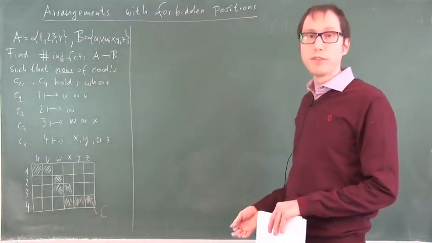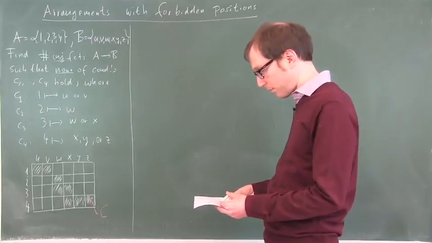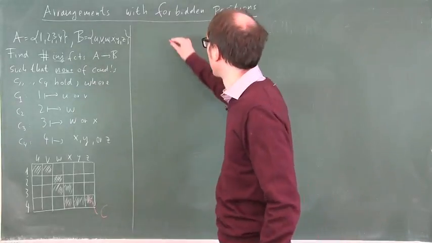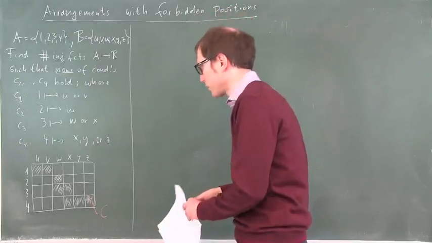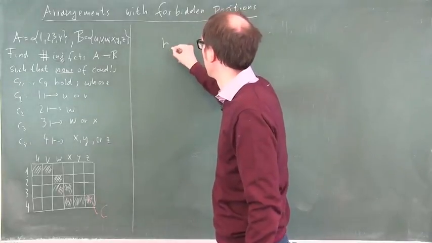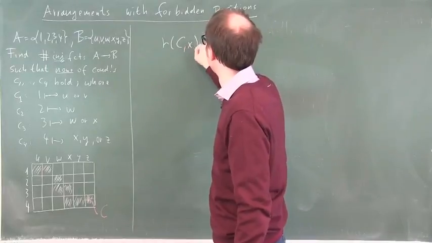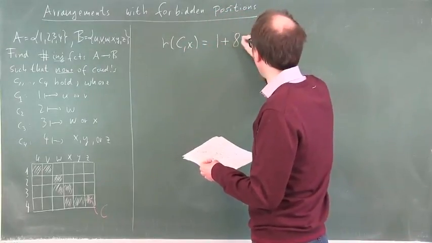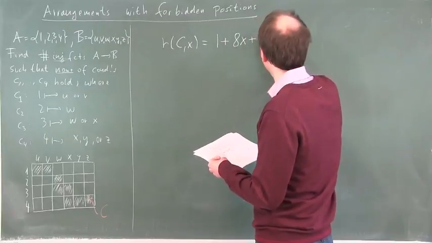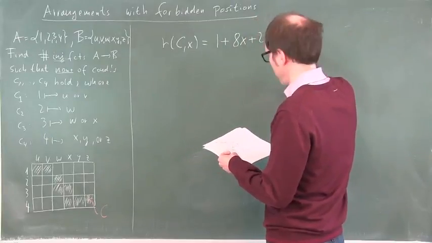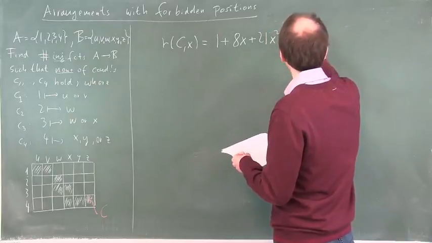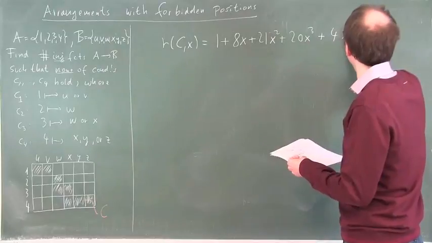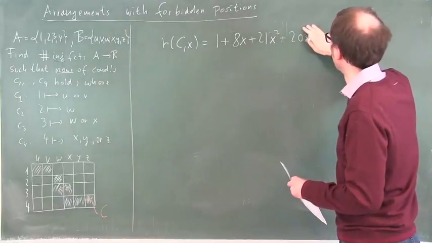But in order to do so, we have to be a little careful here. So let's find out what the rook polynomial is for the board C, and I just give you the answer. This is given as 1 plus 8x plus... I hope you can read this.